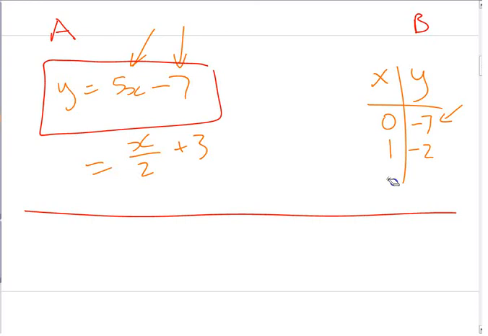Hey, listen. At some point, person B says, I think I know the rule. Like let's say after 2 guesses, person B knows the rule. They say, I think it's x times 5 minus 7.